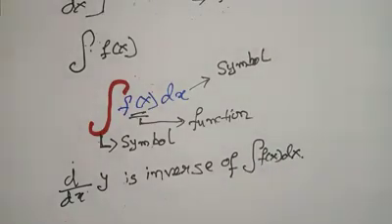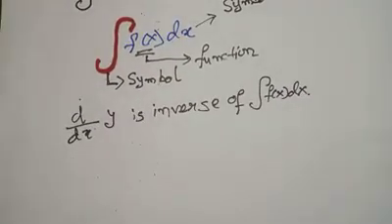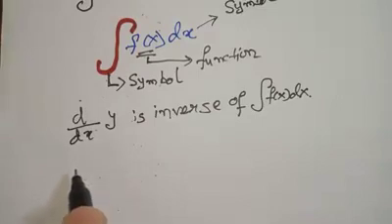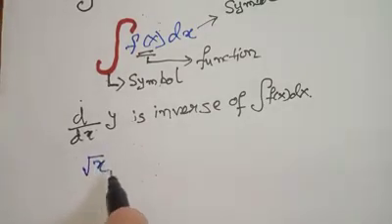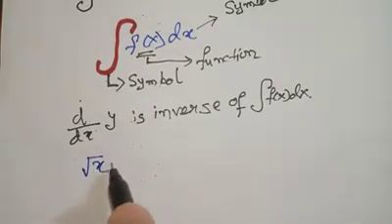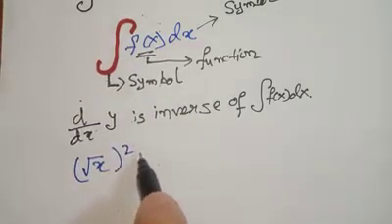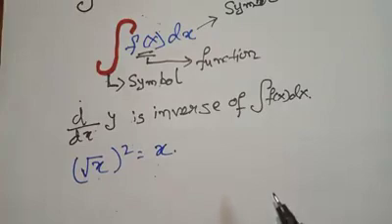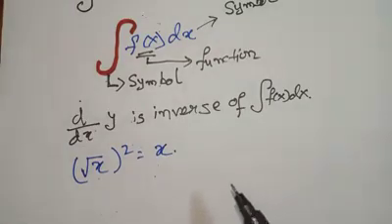So you can imagine this part as something like this. Say for example, if you have root over x, and if I square this root over x, ultimately it will give you the same x, right? So it is the same thing.